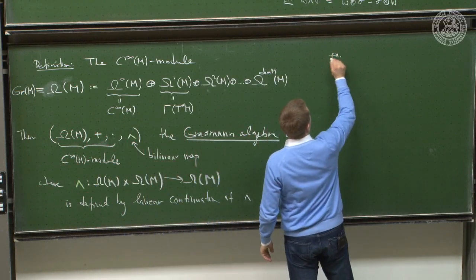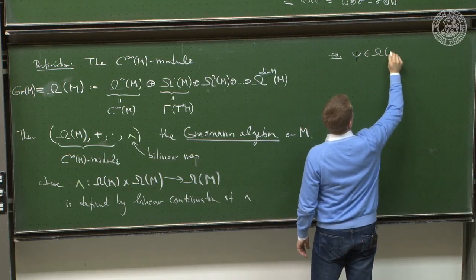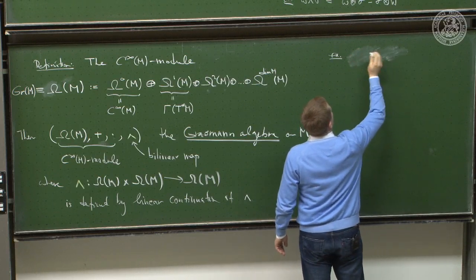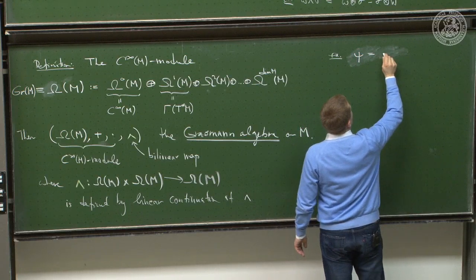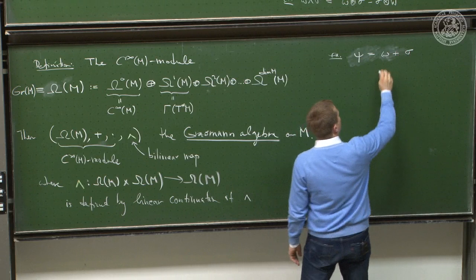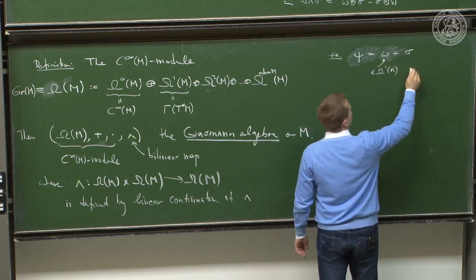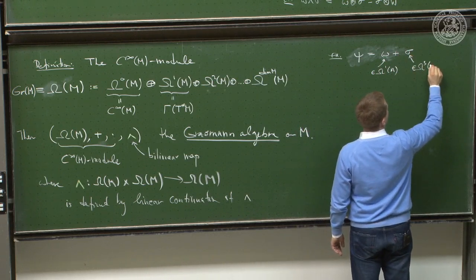So, for example, you take a general element psi in omega M. Well, not a general one, but you say psi equals omega plus sigma. Now this omega is an element of, say, the one forms, and this sigma is an element of the 3 forms, for instance.